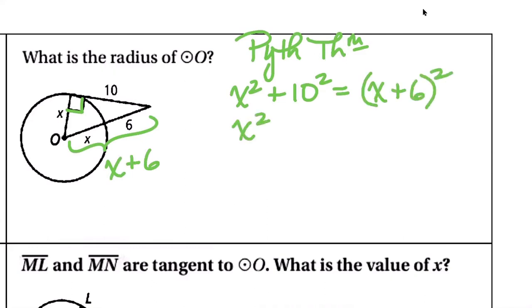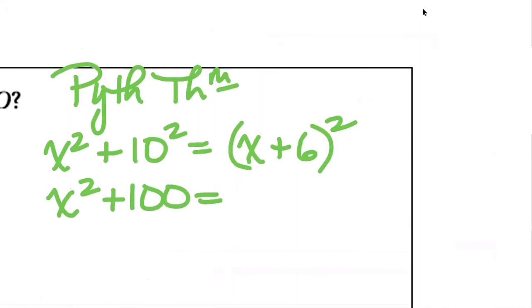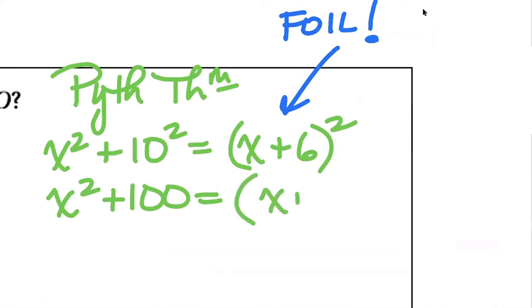So x squared plus 100 equals, now you have to be really careful here. Watch out for that because it's super important to remember you have to FOIL. That is not x squared plus 36. This is going to be x plus 6 times x plus 6. Then we're going to FOIL.